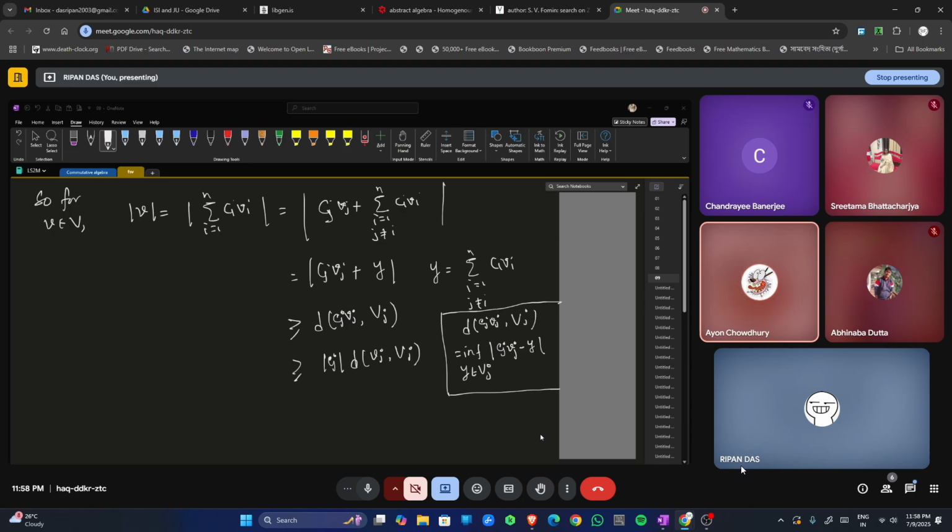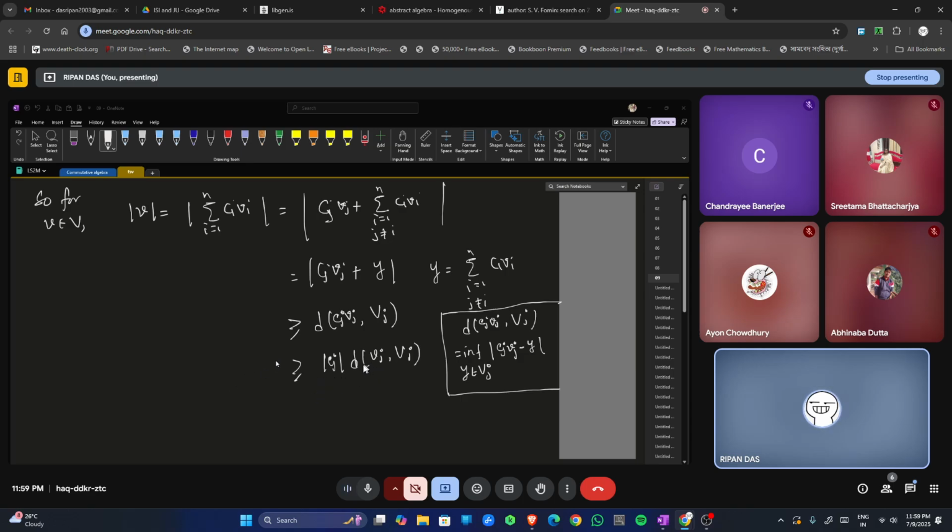হ্যাঁ বলো। So what I am saying is if Cj is 0, then this inequality is trivially true. হুম, so I can't do anything. If Cj is not 0, I can pull the Cj outside. ওকে. So suppose, okay, so what I can say is that I can do it for those j for which Cj is not equal to 0, and then I am taking infimum over all j, right?